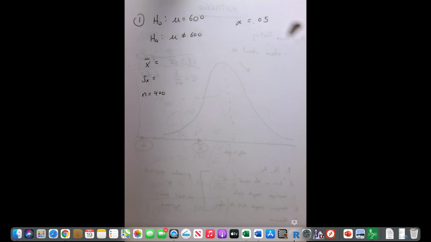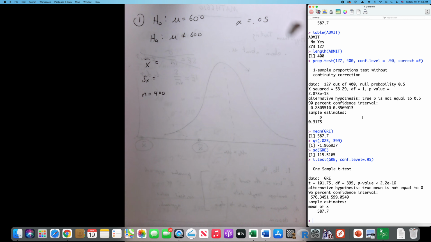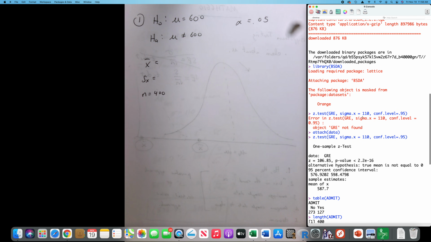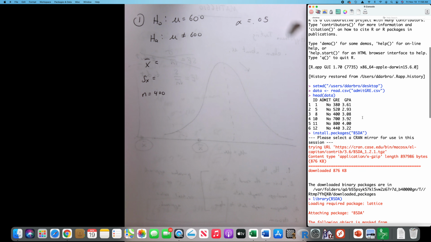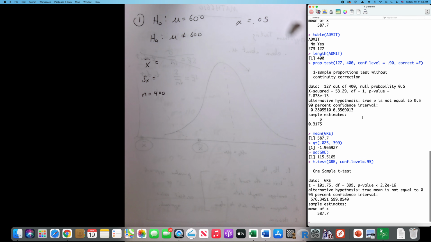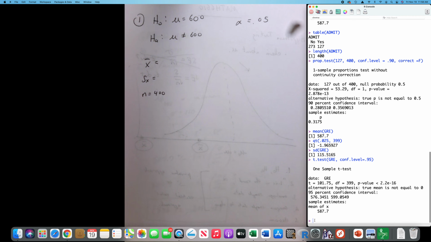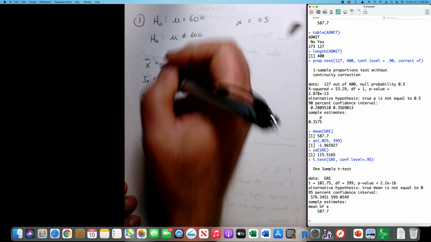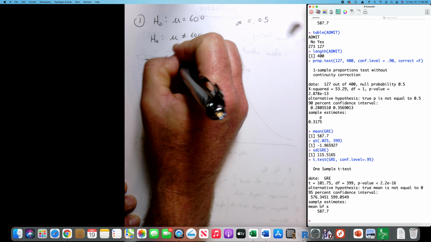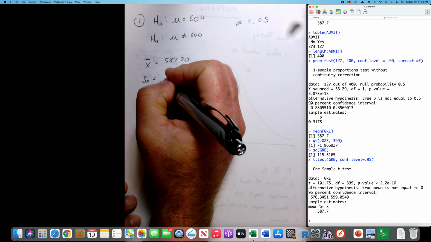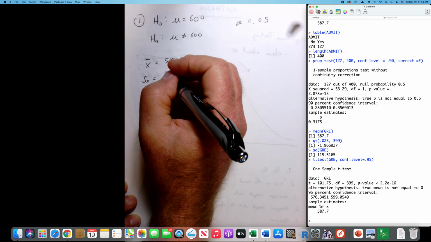We've already done some of this. Let's just go ahead and run it. So mean GRE is 587.7. Standard deviation we have up there is 115.52.